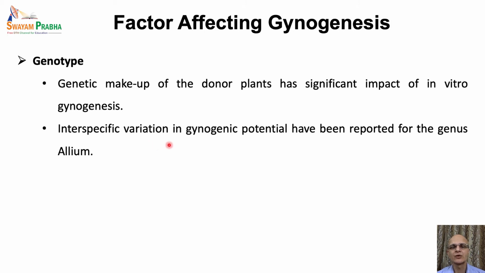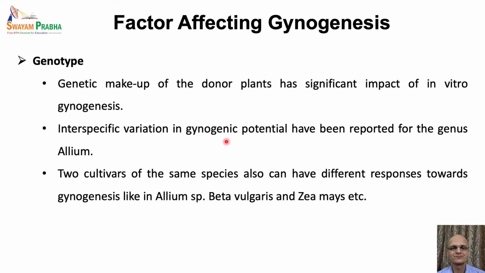Interspecific variations in the gynogenic potential have been observed in the various species of genus Allium, that is the onion. It is not only the genotype of the different plant species or different groups of plants that has a genotype-specific impact on gynogenesis, but 2 cultivars or accessions of the same species also can have different responses towards gynogenesis.